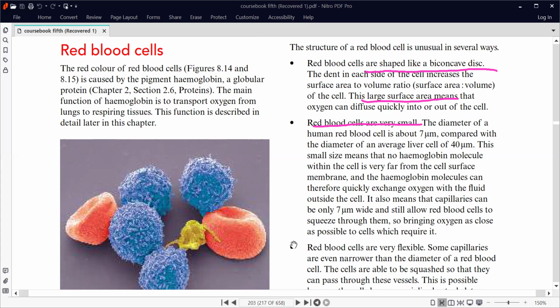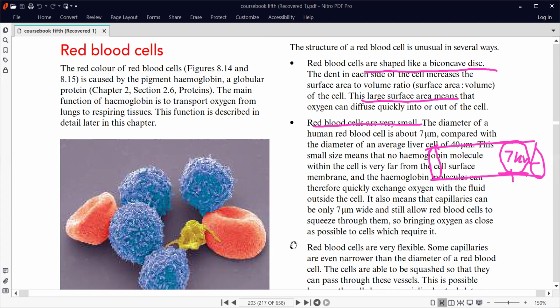The diameter of a red blood cell is 7 micrometers, and this is also the diameter of the smaller capillaries. So when they pass through the lumen of the capillary, the outer membrane of the RBC and the capillary are adjacent and touching each other, because both have the same size.